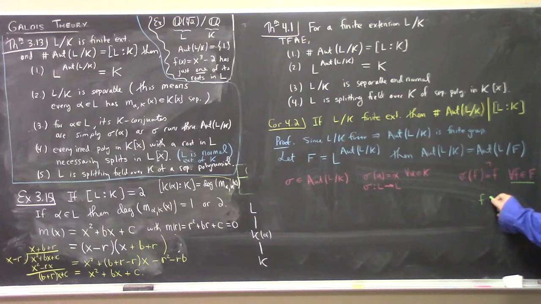F is the fixed field of the automorphisms, which means that sigma of f is equal to f for all sigma in Aut L over k.